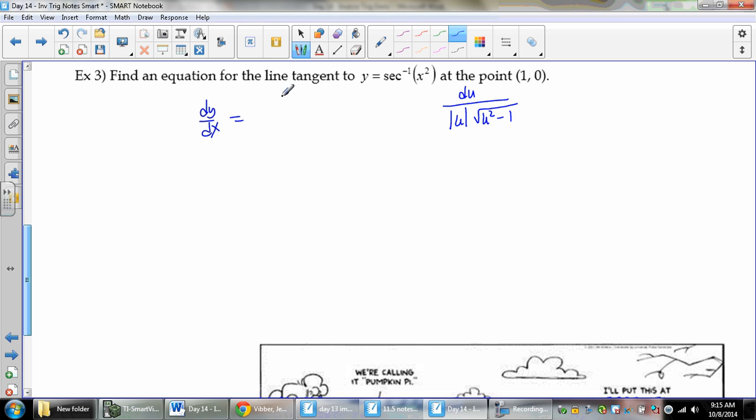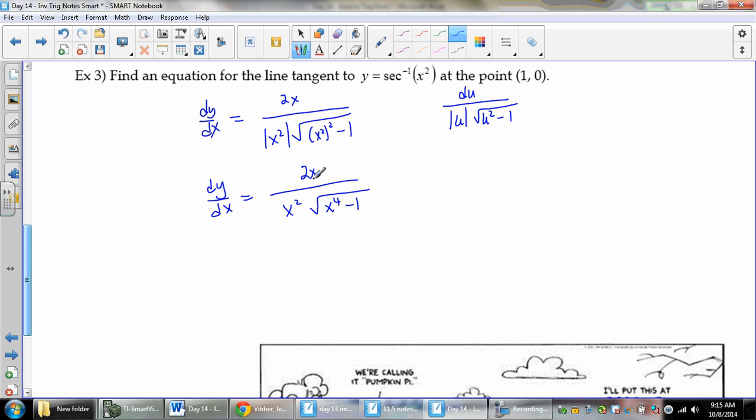So in this case, it's going to be 2x over the absolute value of x squared times the square root of x squared squared minus 1. So dy dx is going to be 2x over x squared times the square root of x to the 4th minus 1.